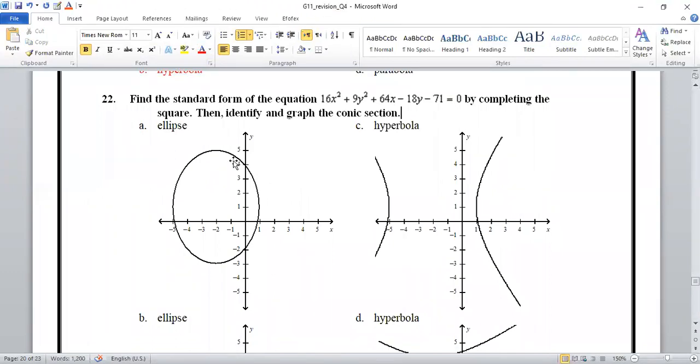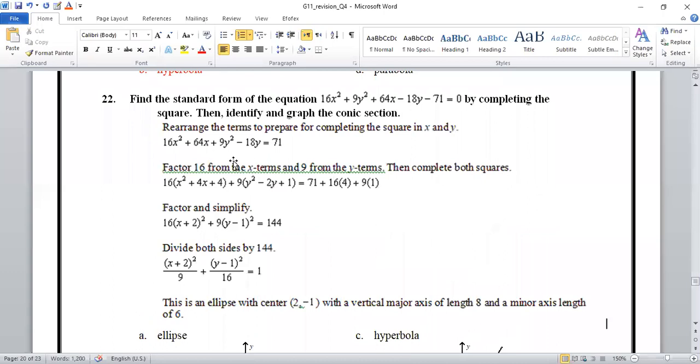Number 22, find the standard form of the equation 16x² + 9y² + 64x - 18y - 71 = 0 by completing the square, then identify the graph, the conic section. Okay.